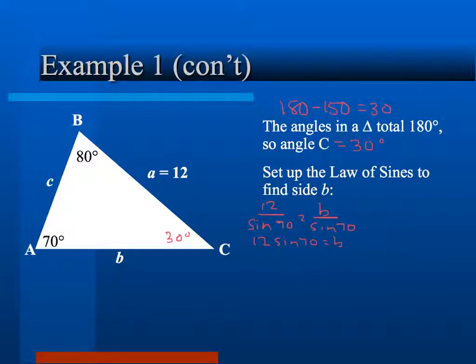Oh, I'm sorry, I've got too many 70s in there. This is supposed to be sine 80. Helps if you put in the right angles there. So 12 sine 80 equals b sine 70. Now to get b all by itself, I need to divide by sine 70.